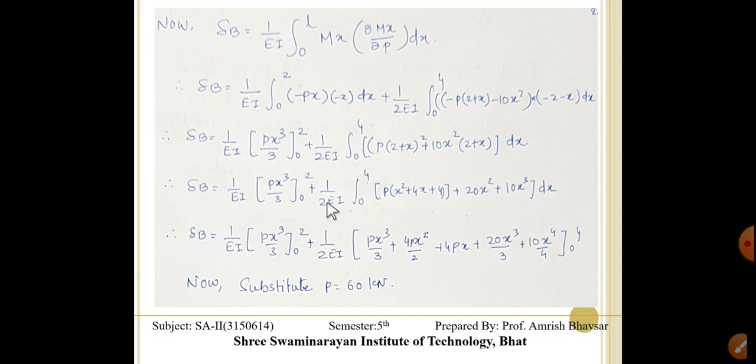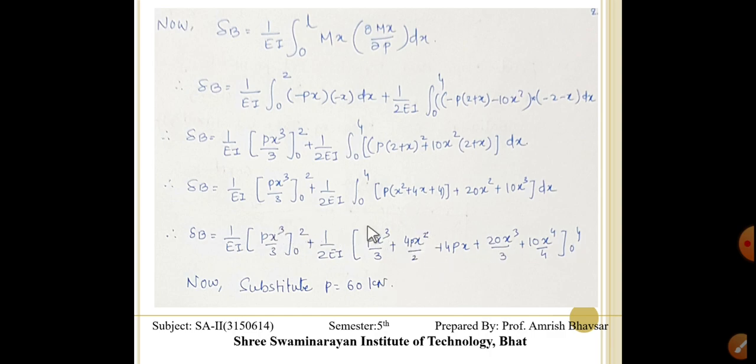So we get an equation like this, and the integration of all these terms is 1 upon EI Px cube upon 3 for the limit 0 to 2, and 1 upon 2 EI times Px cube upon 3 plus 4Px square by 2 plus 4Px plus 20x cube upon 3 plus 10x raised to 4 by 4, with the limit 0 to 4.